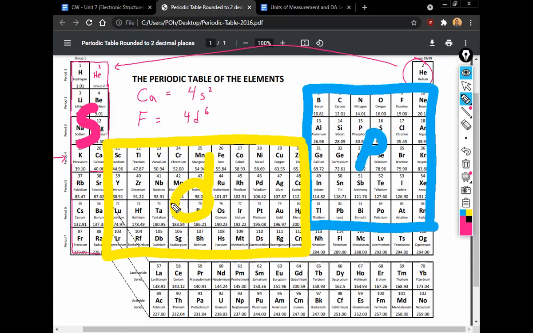Okay, iron is in the middle. So like we said, everybody in this transition metal area, the transition metals for the D subshell, it's always going to be one number lower. So iron is not going to be 4D6, it's going to be 3D6. And the reason why is this middle section right here, the D subshell actually has a lower energy level than the S subshell that it's on the same row as.